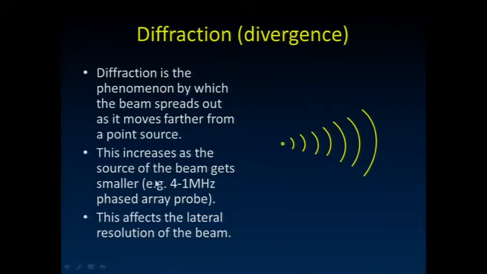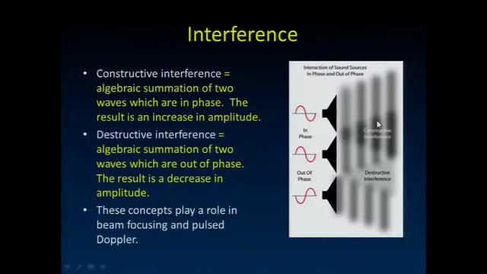And this increases as the source of the beam gets smaller, so it's worse for some of our phased array lobes, and it affects the lateral resolution of our beam. So it doesn't affect our resolution axially as we head out, but notice the ultrasound wave, if you will, is getting wider, more spread out the further we get away. So our resolution properties in this direction, the lateral resolution, gets reduced.